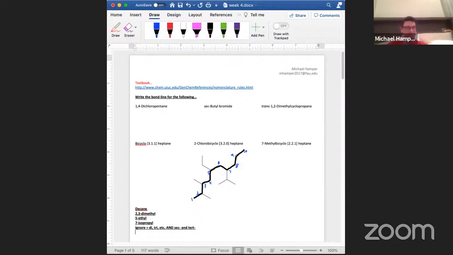All right. So, you guys good? If you're given multiple substituents, you put them in alphabetical order, and you simply just ignore those prefixes. All right.